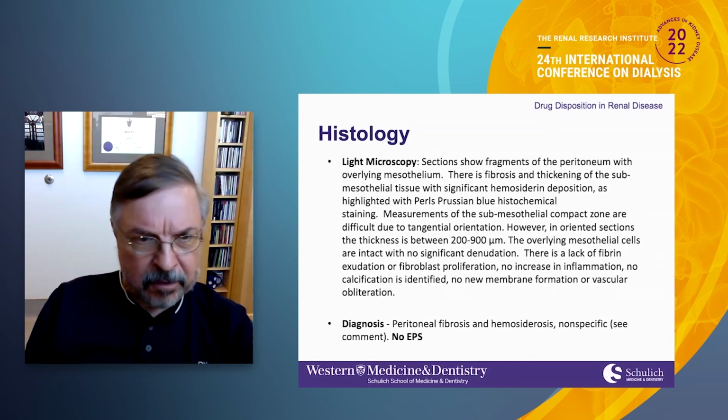The overlying mesothelial cells are intact. There was no denudation. There's a lack of fibrin exudation or fibroblast proliferation, no increased inflammation, no calcification is identified, and no new membrane formation or vascular obliteration occurred. So the diagnosis was peritoneal fibrosis and hemosiderosis, non-specific, but no encapsulating peritoneal sclerosis. Next slide, please.